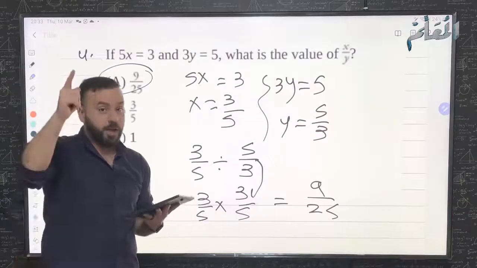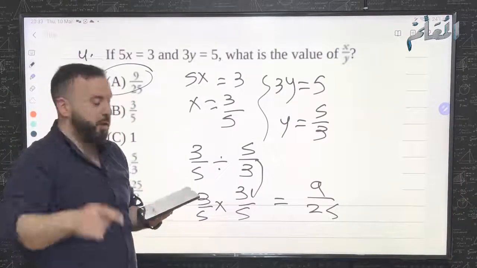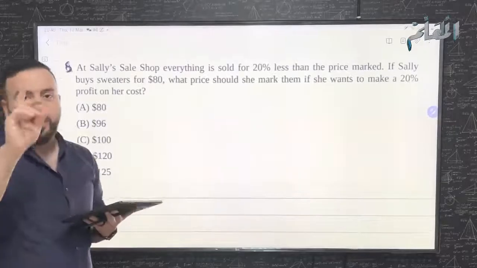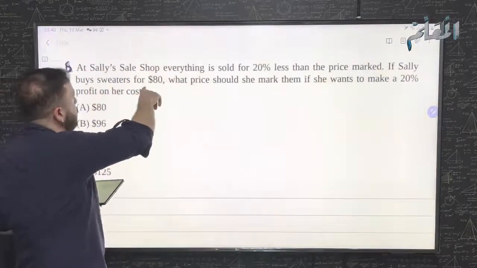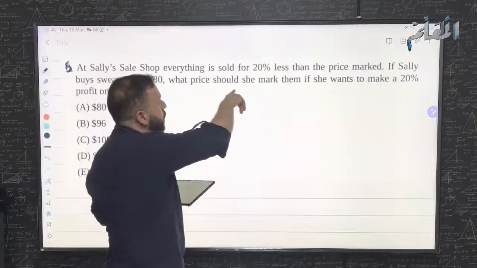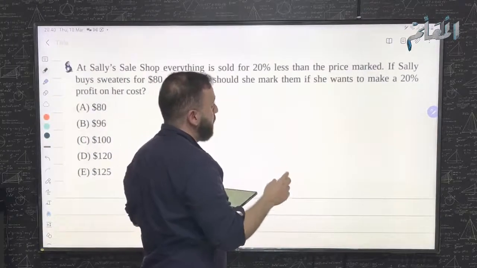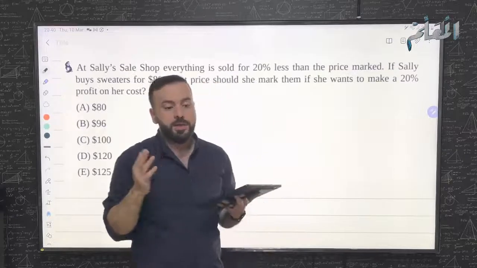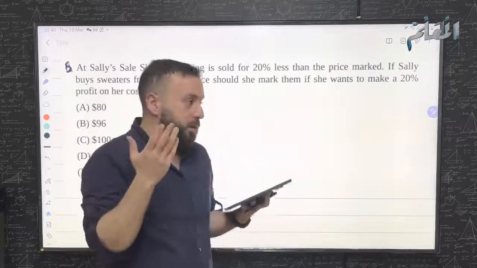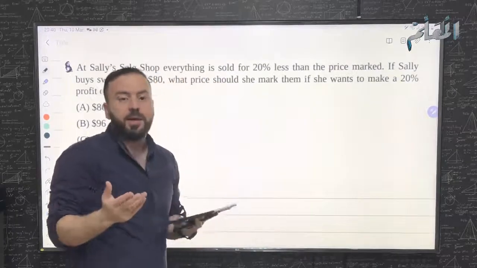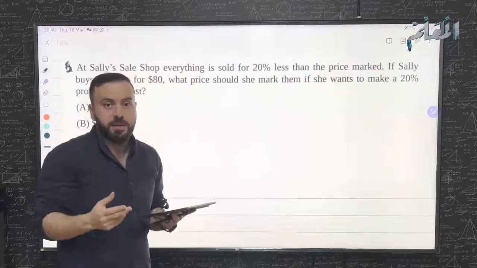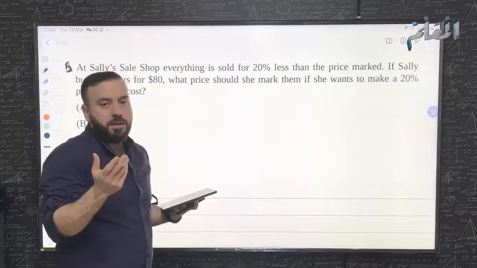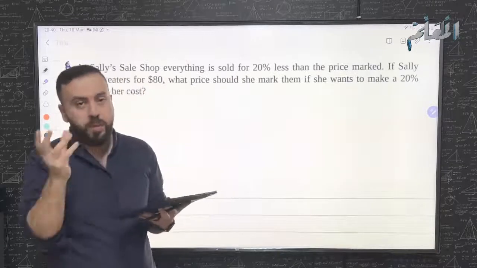Okay, last question, question 5. See you there. Okay guys, question 5. Check this with me. At Sally's sale shop, everything is sold for 20% less than the price marked. The shop is offering a sale, which is 20% less than the prices marked, but the customer doesn't know this information.